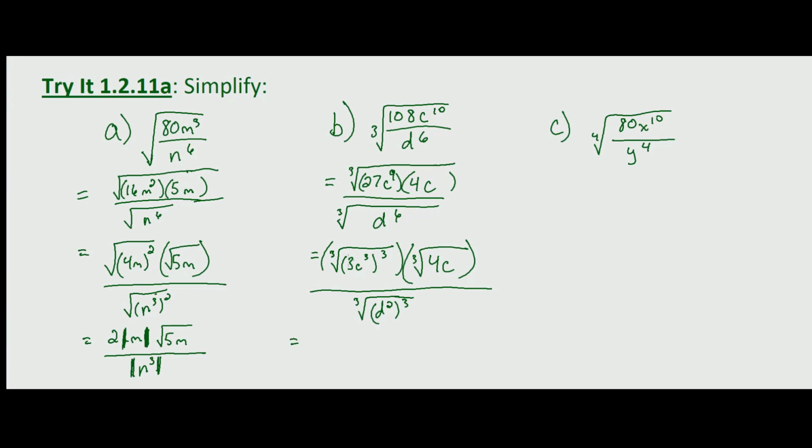Cube root, so no absolute values needed. The cube root of 3c cubed, this first radical up here in our numerator, that's just 3c. We're left with the cube root of 4c. And in the denominator, the cube root of d squared cubed is simply d squared.